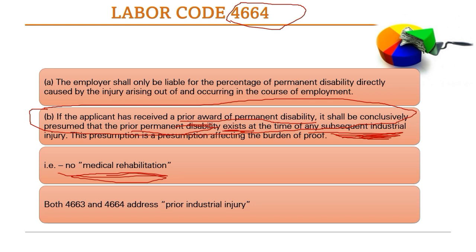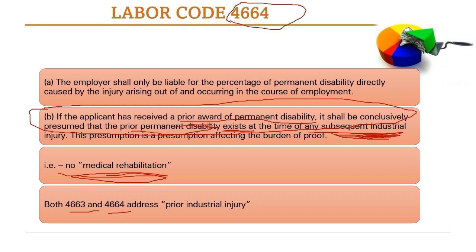So very, very interesting that both Labor Code Section 4663 and 4664 address prior industrial injury. And both of these laws, these codes, allow for apportionment of a prior industrial injury.